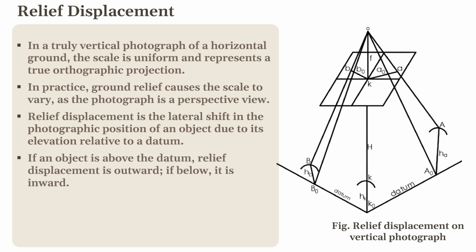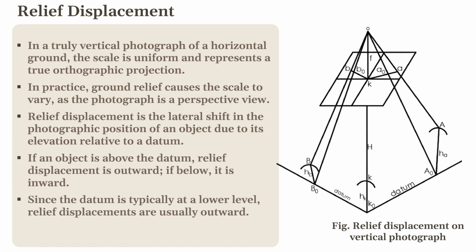If the relief is above the datum, the displacement is outward, and if it is below, the displacement is inward. Typically, the datum is set at a lower level, so most displacements are outward. Hope these points are clear to you now. With this solid base, let us take our studies further in photogrammetry.